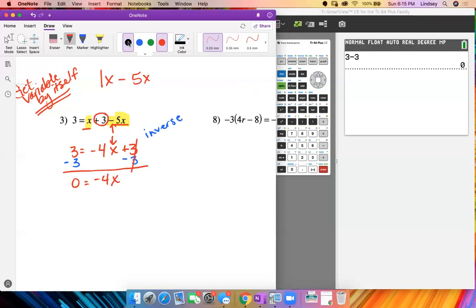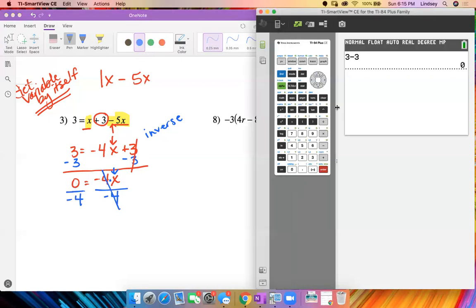Okay, once again, my goal is to get this x all by itself, so I have to get rid of this times negative 4. How do I get rid of a times negative 4? I divide it by negative 4. If I do it to one side, I have to do it to the other side. My negative 4's cancel out. I have 0 divided by negative 4. 0 divided by negative 4 equals 0.